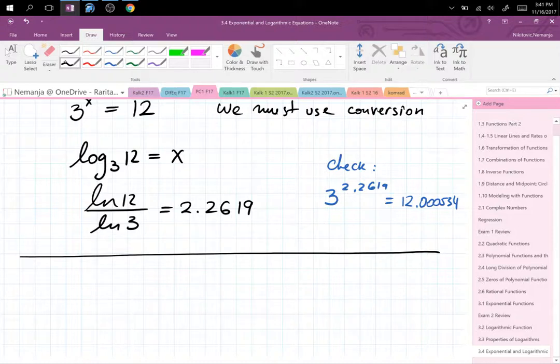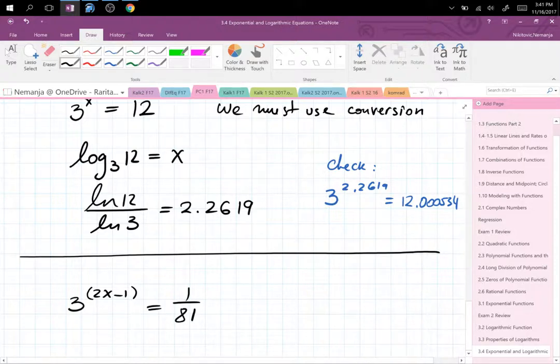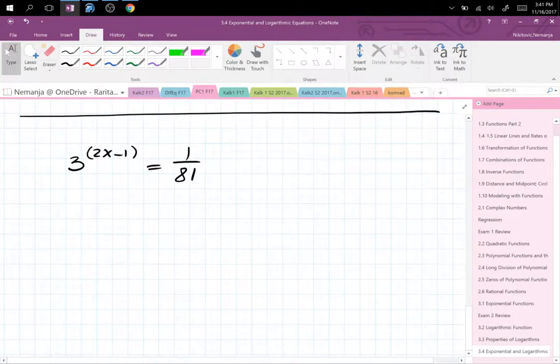Can we make it annoying? Yes, right? So you can have on one side 3 to the 2x minus 1 as the exponent is equal to 1 over 81. So this would be somewhat annoying, right?